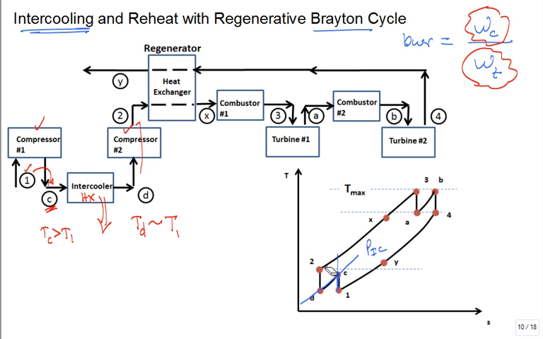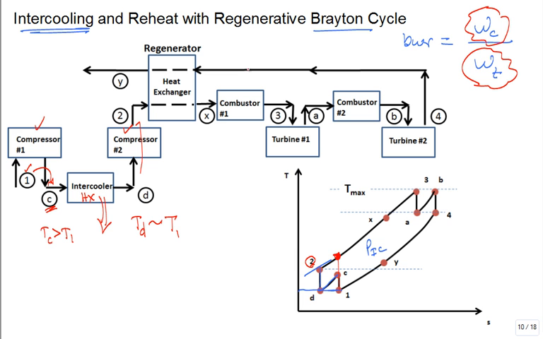But what you do is you cool it off. Here I'm showing the cooling back down to the same temperature. So the temperature at D would be back down to the temperature at 1, and then finish the compression going up to this high pressure line. So you can see that the temperature at exit is lower than the temperature at 2 if you would have just had one compressor stage. Okay.